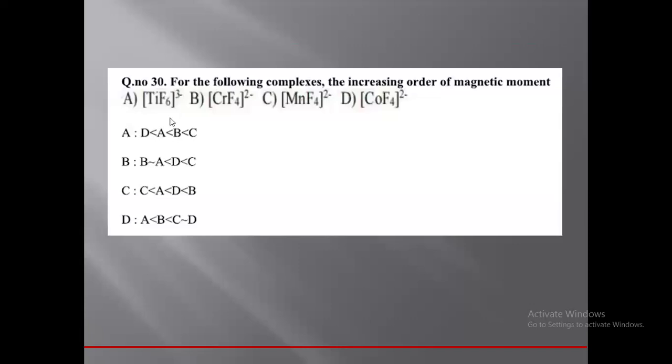Mu is equal to square root of n times n plus 2, where n is the number of unpaired electrons. We have to find out the unpaired electrons, and on that basis we can find out the magnetic moment. So what is your option? See here various options A, B, C, D are there. So option D is correct.